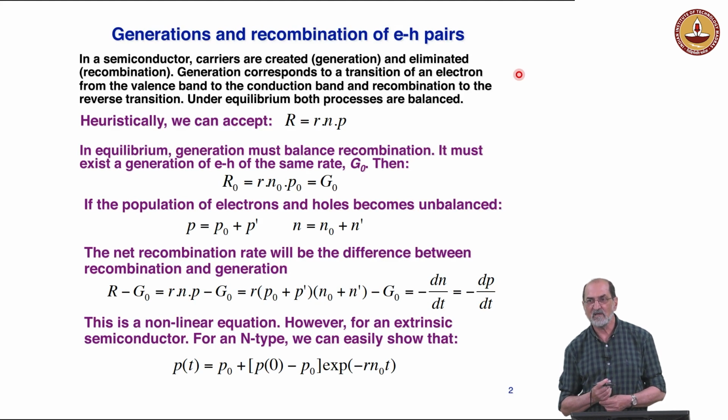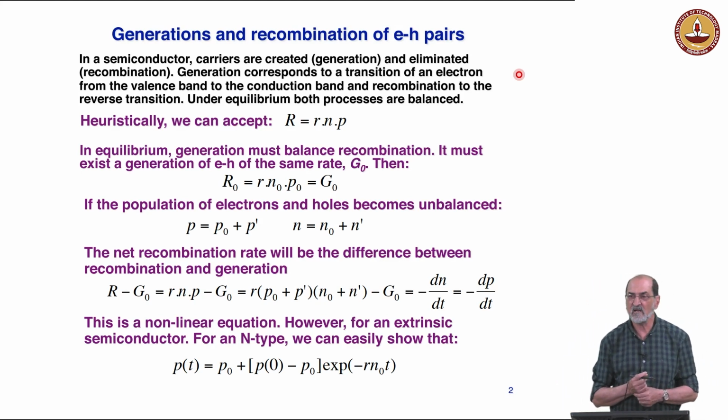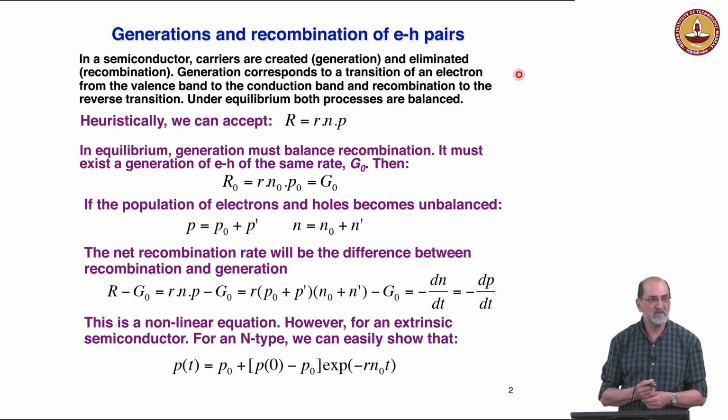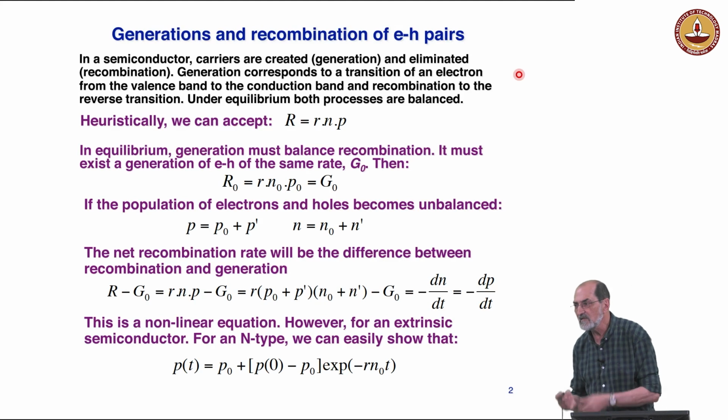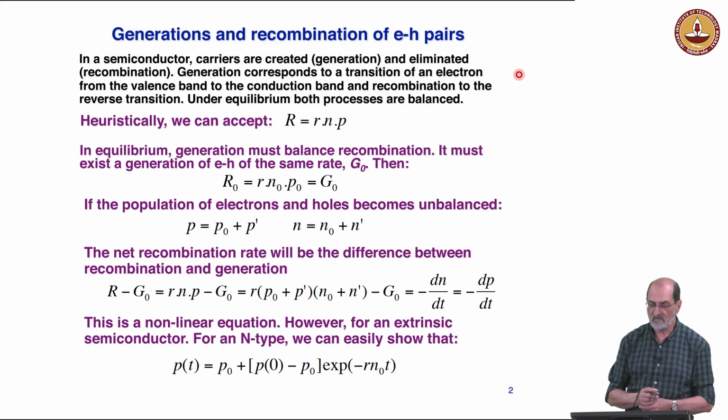If we double the number of white balls, the number of collisions per unit time is going to be doubled too. And if we double the number of black balls, it's the same. So you can easily think that the number of times an electron and a hole are going to find each other is proportional to the density of electrons and to the density of holes. That's what we call heuristically. We can accept that it's correct.